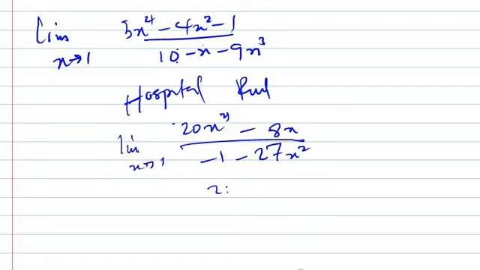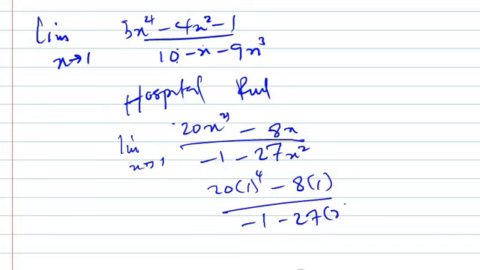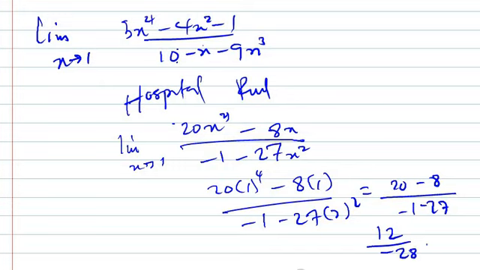We have 20 times 1 to the power 4 minus 8 times 1 all over minus 1 minus 27 times 1 squared. So we have 20 minus 8 all over minus 1 minus 27, and we end with 12 over minus 28, so we have negative 3 by 7.